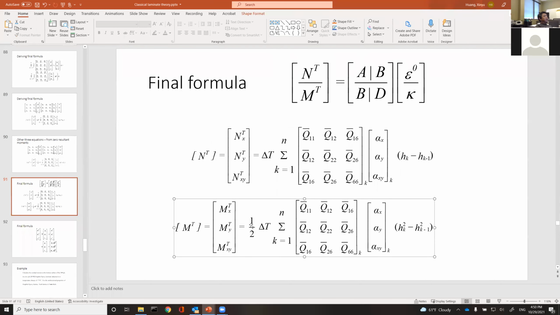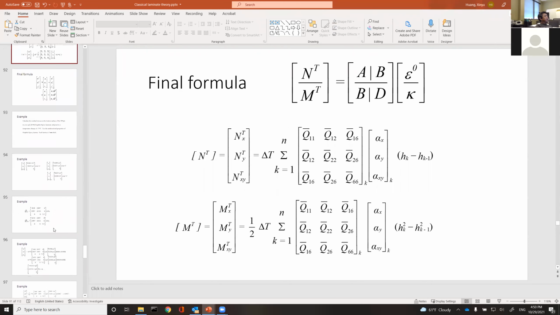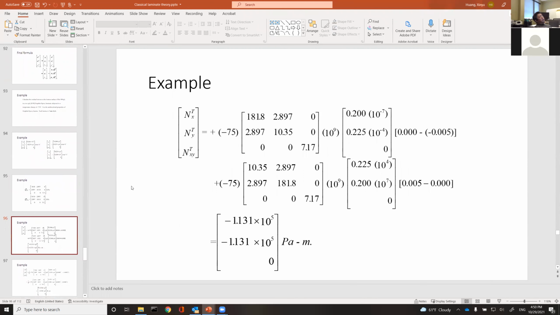This is for one layer, this is the second layer. You sum them up, and this is your hypothetical load due to temperature change.